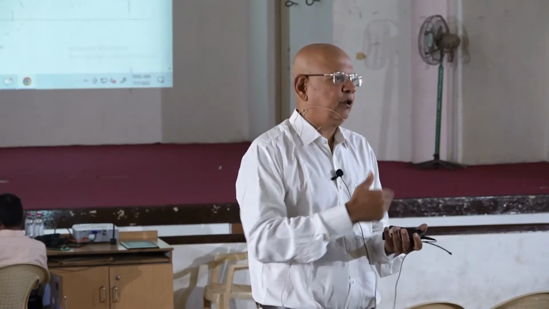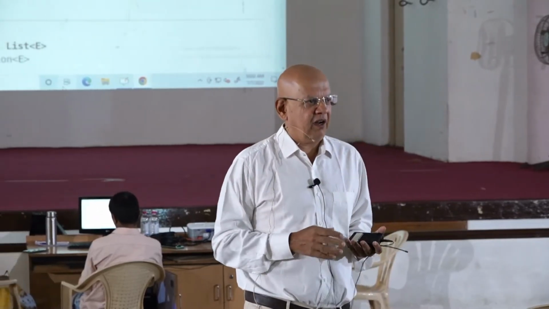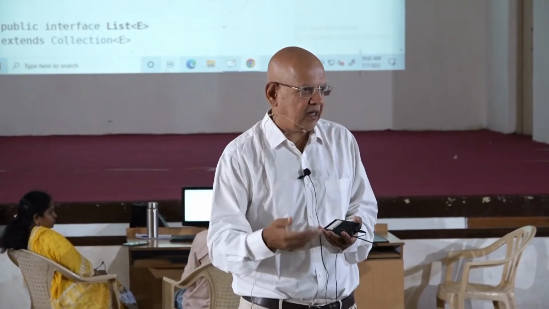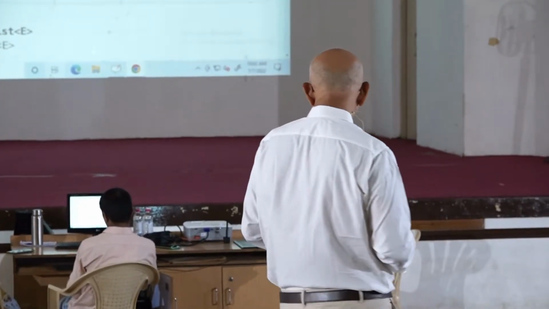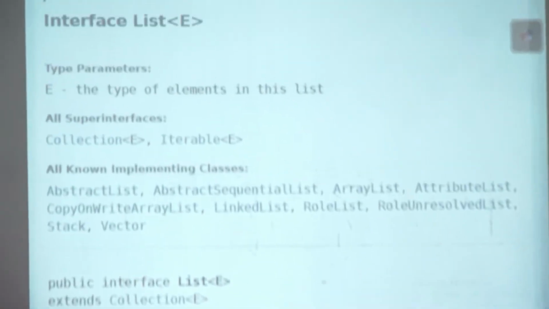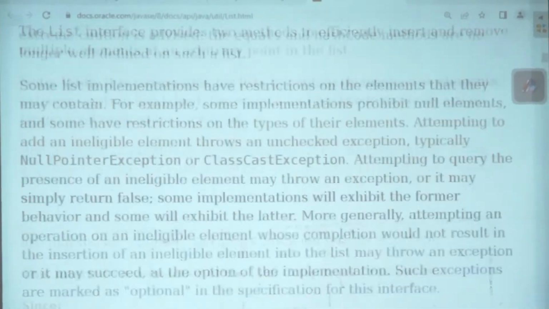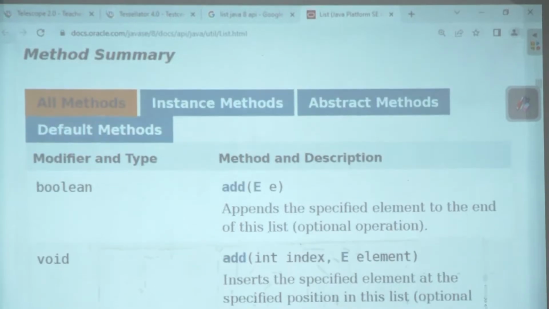If you're doing that, don't use array list, use a linked list. That's why these two different data structures are used for list, array list or linked list. So let's quickly look at the methods which are available on a list. I will look only, as usual, at the important methods.